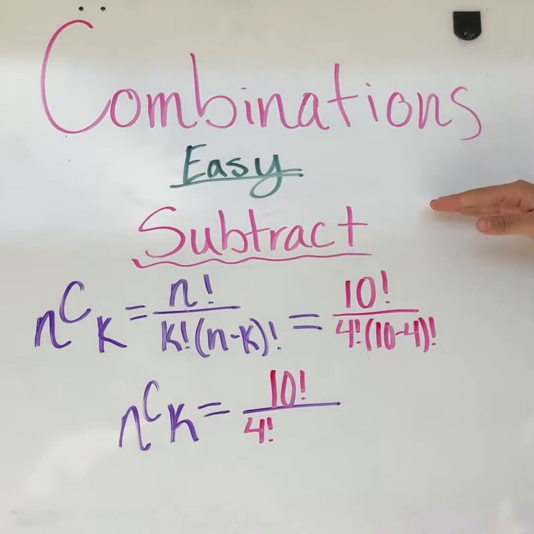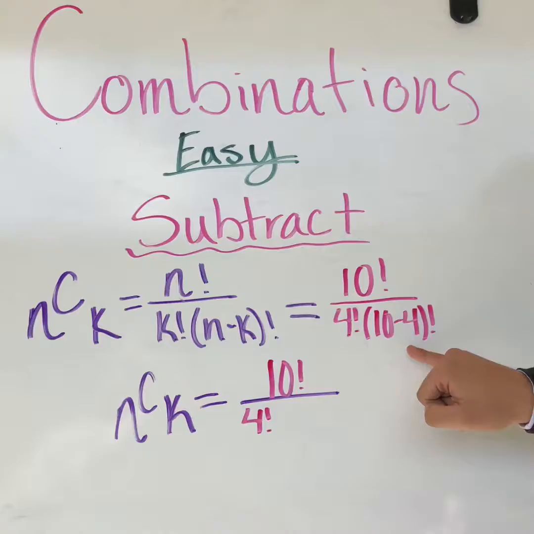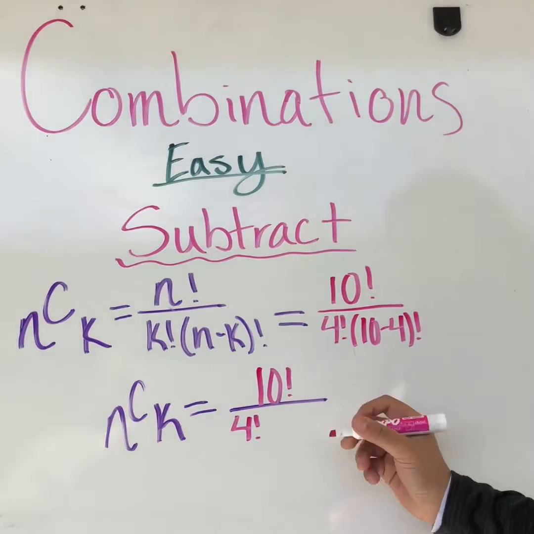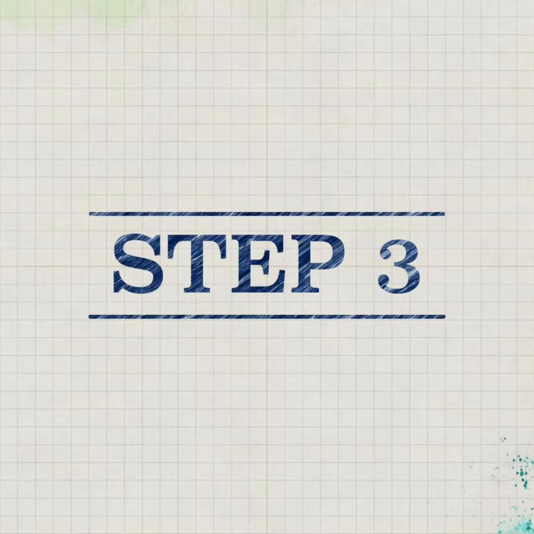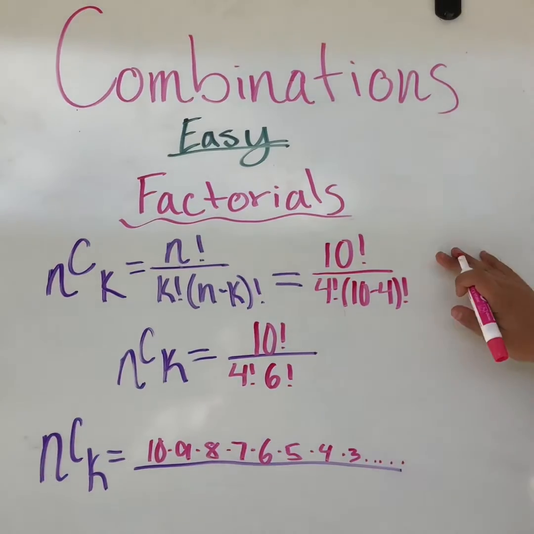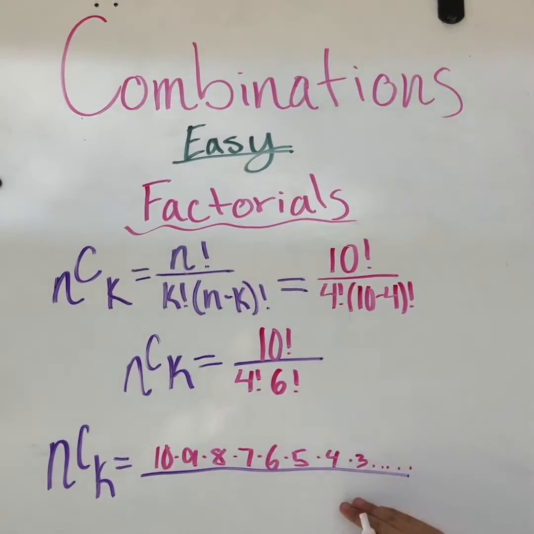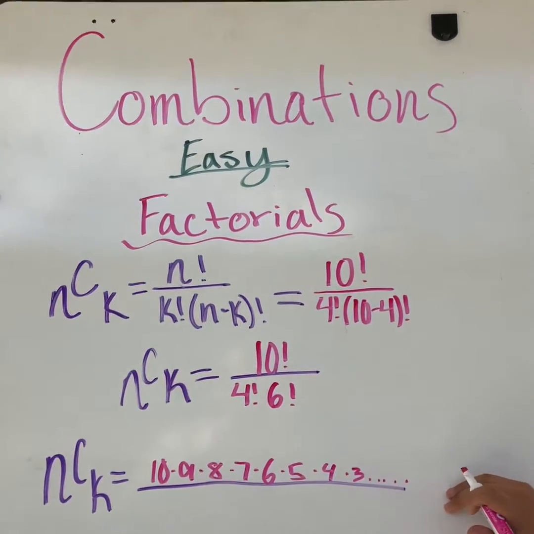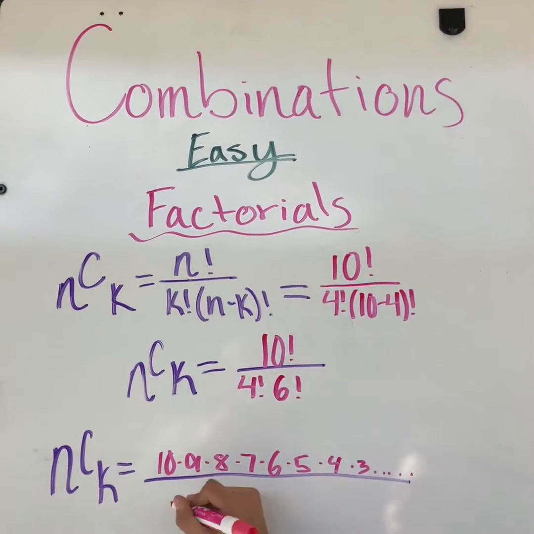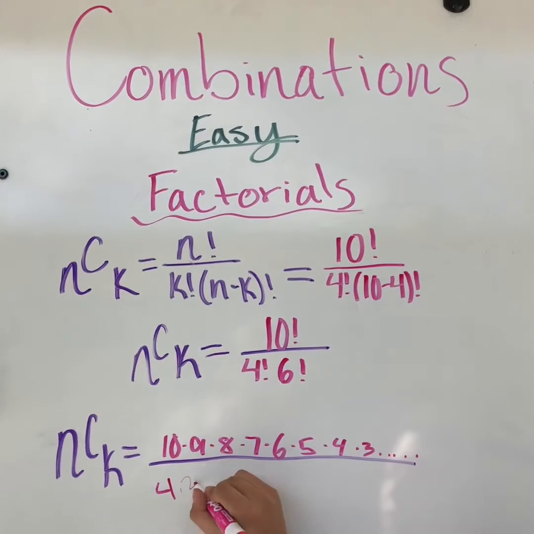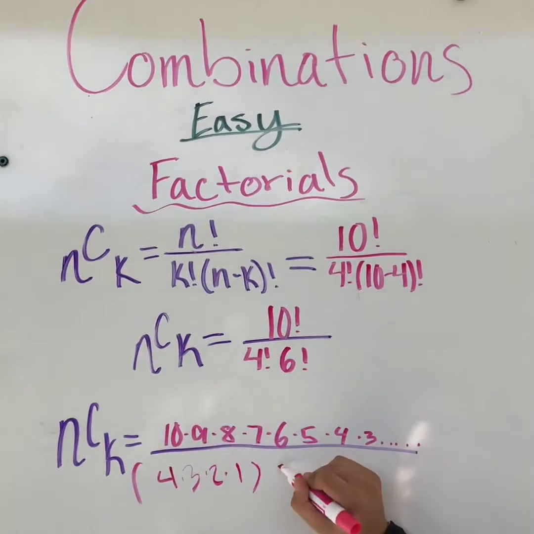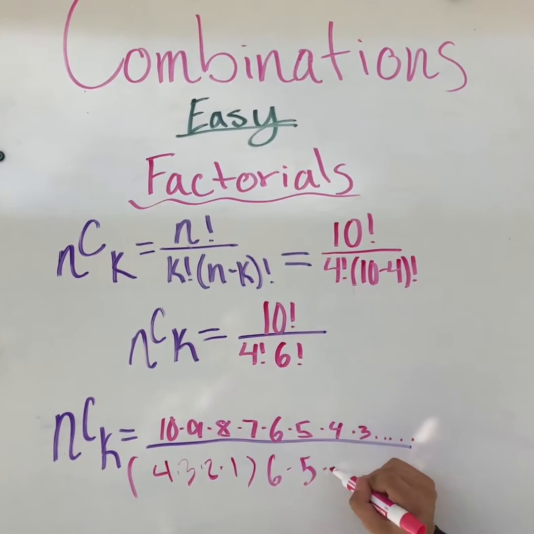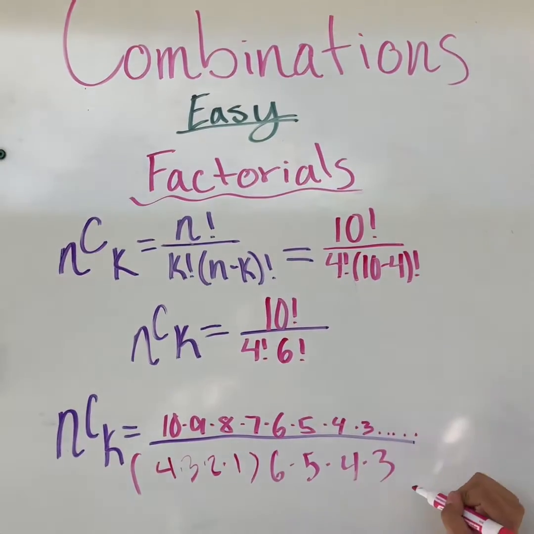So now you subtract. You're going to subtract the 10 minus 4 in the parentheses, and you're going to end up with 6 factorial. So now we're doing factorials. You're going to write out the 10 factorial on top, and then you're going to write out 4 times 3 times 2 times 1 and 6 times 5 times 4 times 3.